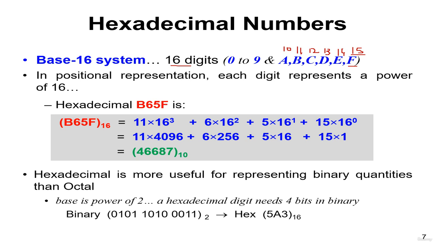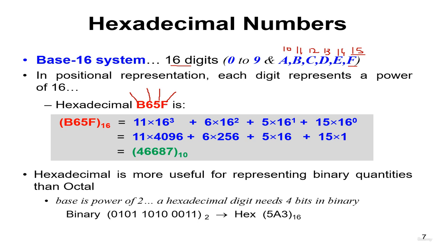So this is a sample hexadecimal number B65F, right? If we want to convert it into the decimal number system, as we have studied earlier, each digit would be a power of 16, right? So this F would be 16 raised to power 0. This would be 16 raised to power 1. This would be 6 into 16 raised to power 2, and this would be B into 16 raised to power 3, right?